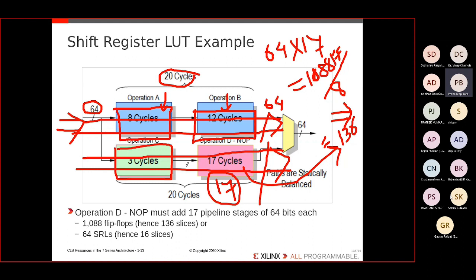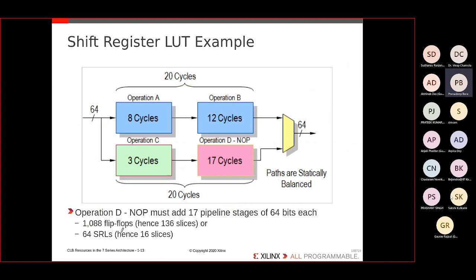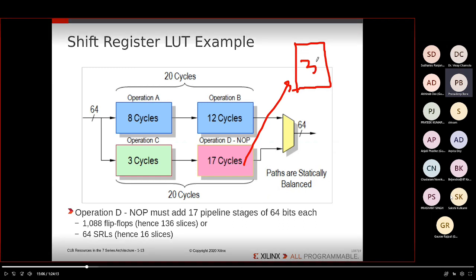Let's change this and make the implementation using shift register logic, right? One shift register logic, that is using a LUT, can shift up to 32 clock cycles.